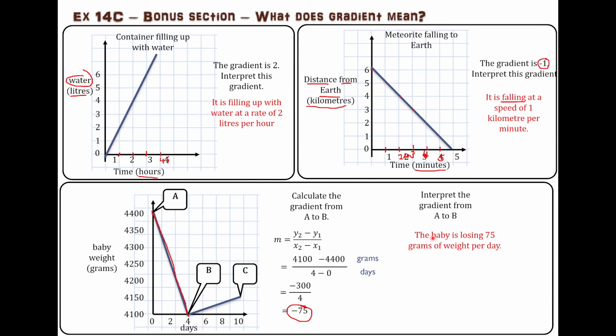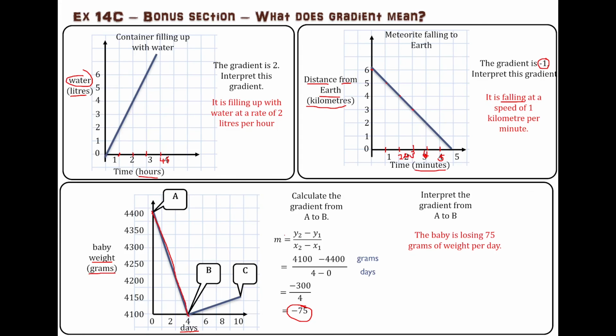And the gradient says that the baby weight is going down, because it's negative, at 75 grams per day. So in 1 day, it goes down by 75. I do apologize, the alignment of these axes is really messy and off, but you get the idea. There are some formatting problems.